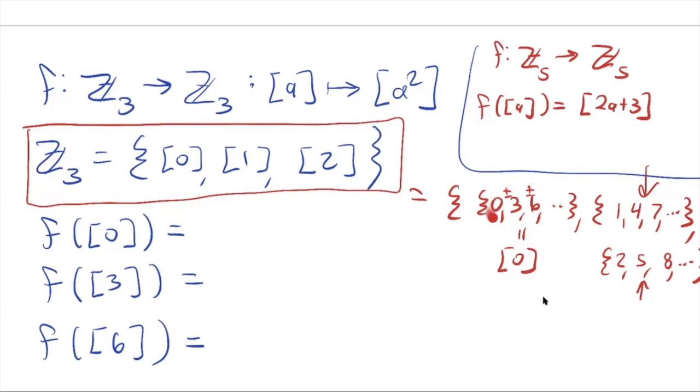All of these things over here should get mapped to elements in the same equivalence class, and all of these elements over here should get mapped to the same equivalence class, and so on. So it would be really bad if f of 0 went to 1, and f of 3 went to 2, and this went to 0, because 0, 3, and 6 are all in the same equivalence class. This map should send them all to the same equivalence class.